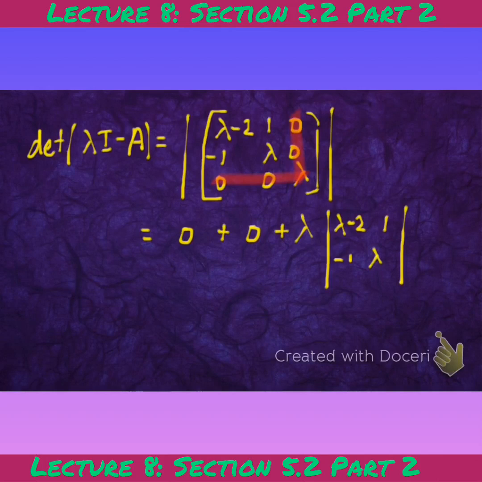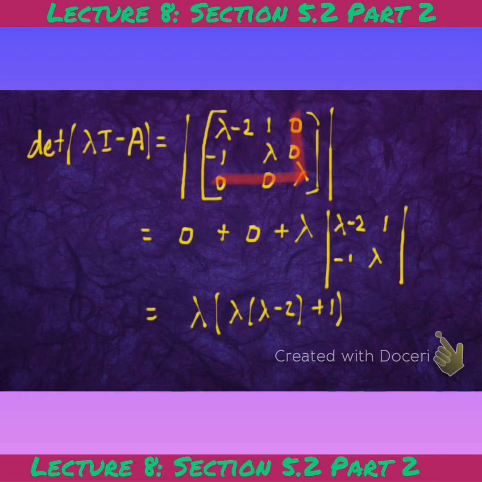And that is going to be lambda multiplied by lambda times lambda minus 2, plus 1.